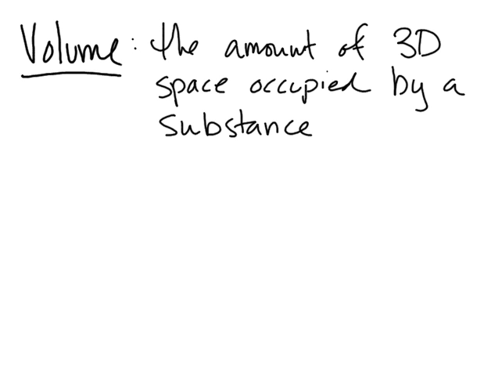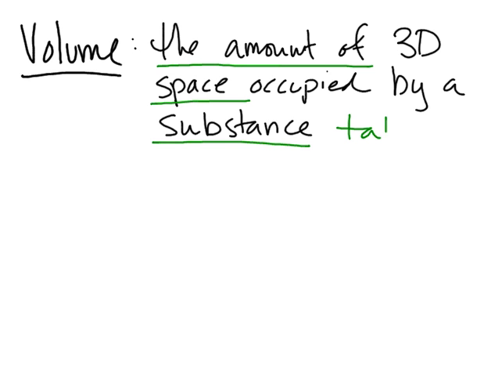Okay, great little definition. I'd even shorten it up even more by saying the amount of space a substance takes up. So how much space does this object take up? So you have the textbook definition, you have more of my definition.